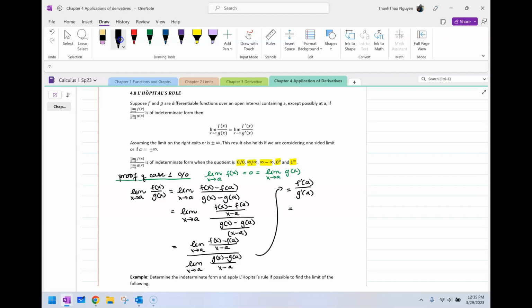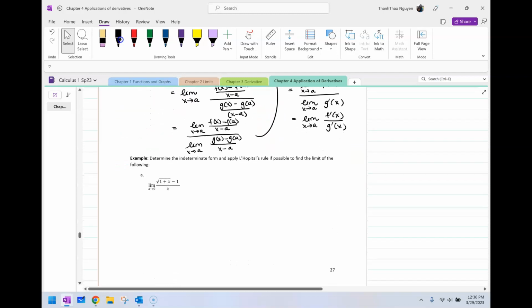This means I can say that the limit as x approaches a of f prime of x divided by the limit as x approaches a of g prime of x. So that's what that meant. Then equal to the limit as x approaches a of f prime of x divided by g prime of x by definition. And so we have proved L'Hospital's rule for case 1 of the indeterminate form.